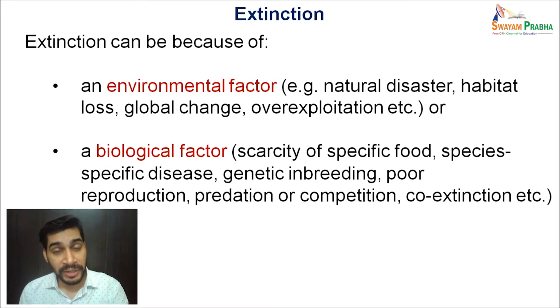Genetic inbreeding is another factor. Poor reproduction is yet another contributor to extinction. There might be other ecological issues like predation, competition, or even co-extinction. That means if two species are dependent on each other and somehow one goes extinct, the other is also bound to go extinct because its survival was based on that already extinct species.